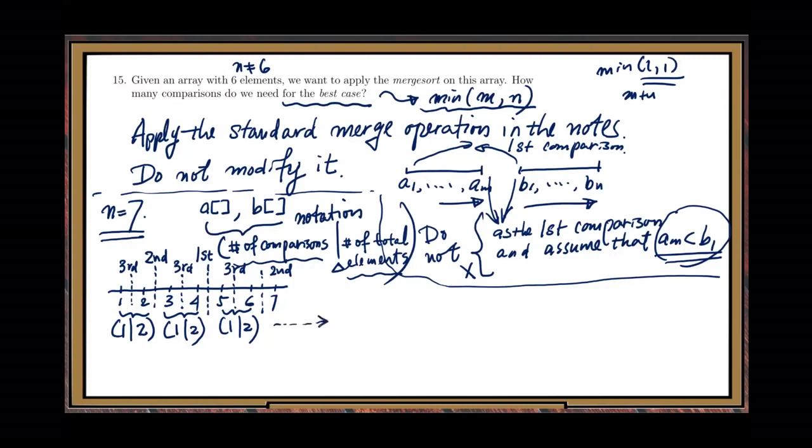So in the first round of merging, the subtotal is 1 plus 1 plus 1, the sum of the first components of these 3 pairs of parentheses.